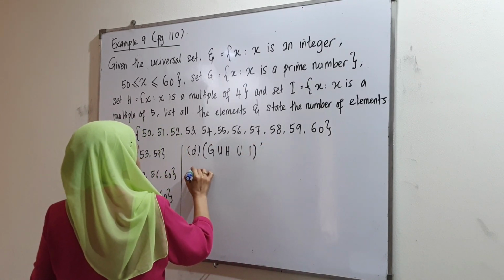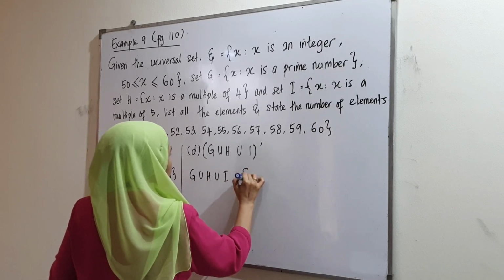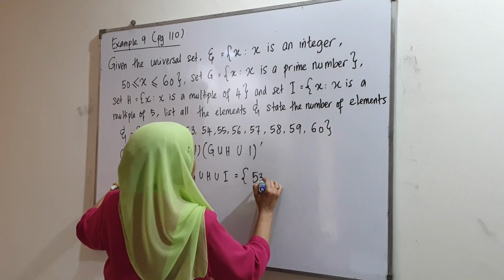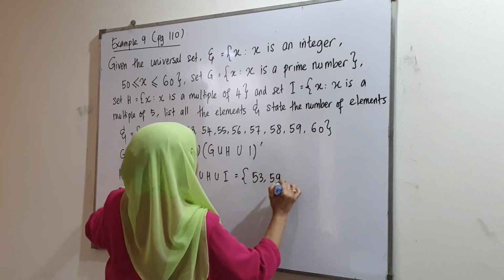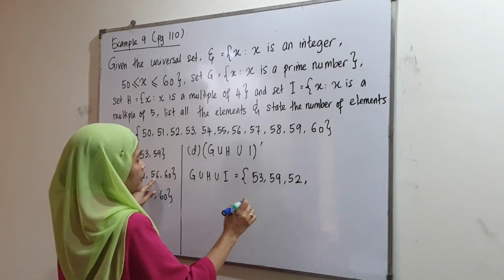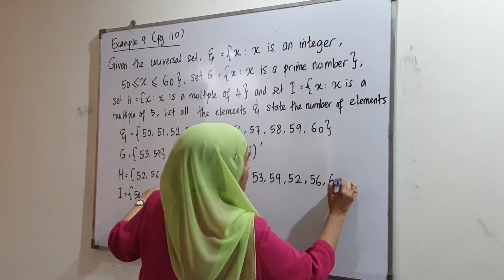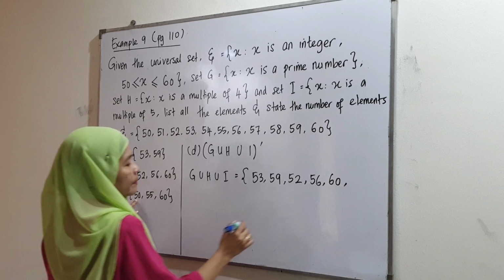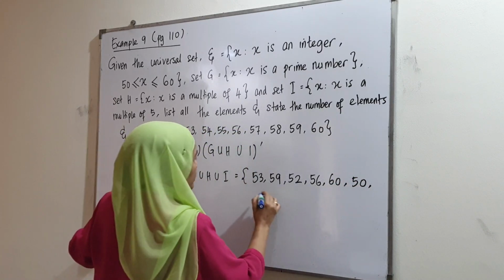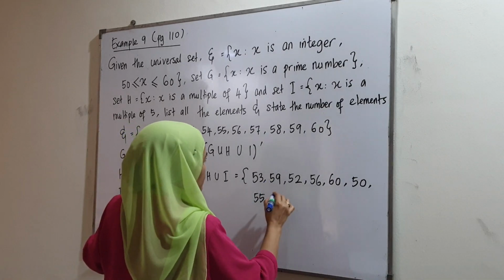So now we list the G union H union I. Start with G first: 53, 59, then H: 52, 56, 60, and then I: 50, 55, 60 got.